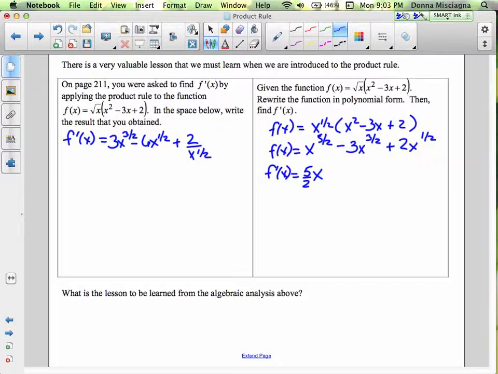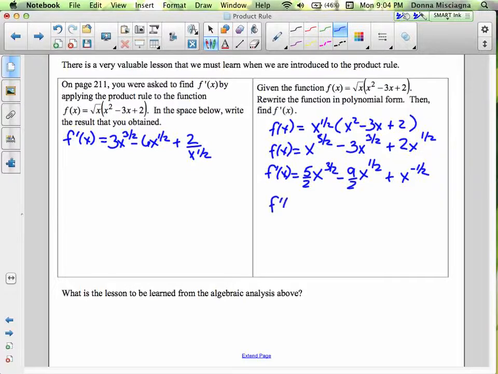So 5 halves times x, and then to the 3 halves power, that's the same, it's the coefficient that was different, minus, right, so 3 times 3 halves is going to be 9 halves. And so this would be to the 1 half power, and then plus x to the negative 1 half.